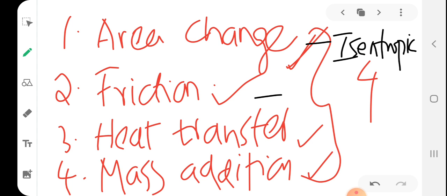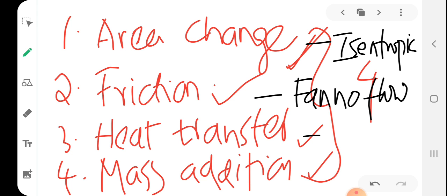The second one is flow with friction. This flow is called Fanno flow. The third one is diabatic flow. That is, there is heat transfer, not adiabatic. This flow is also known as Rayleigh flow.